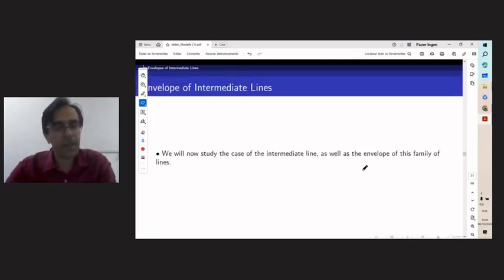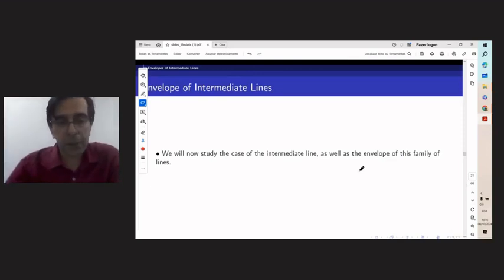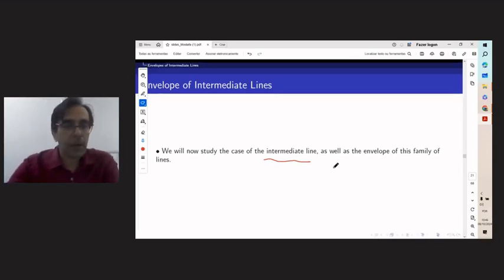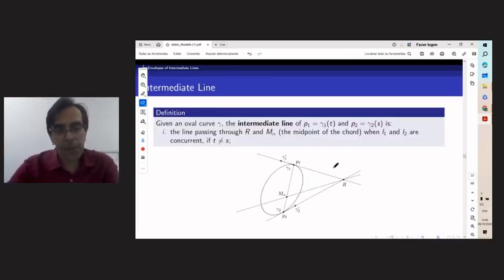Well, now we are going to define a kind of generalization of the concept of midlines. We are going to define a new family, which we call the intermediate lines, and we are going to study the envelope of this family of lines. Here again we have three cases.